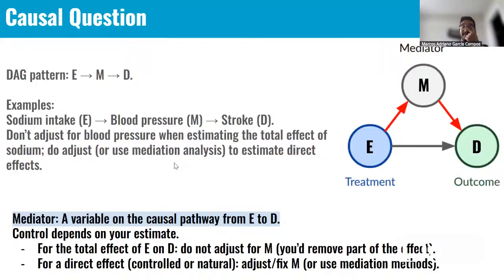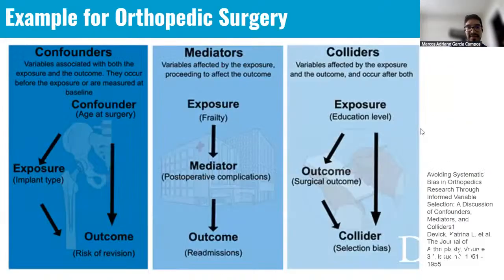So sometimes I need to adjust for a mediator, but it's not common. And most of the time, I don't need to adjust for this. It is just on the pathway, but doesn't change my analysis.